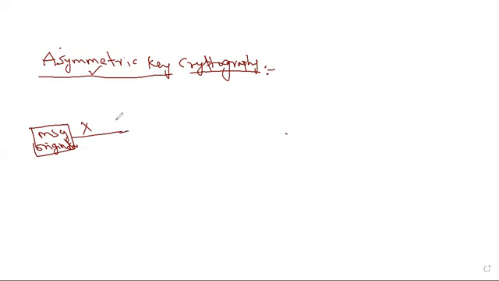The sender wants to convey this X as a message to the receiver. Now this is the algorithm which is used by the sender for encrypting the data, right? This is the encryption algorithm.